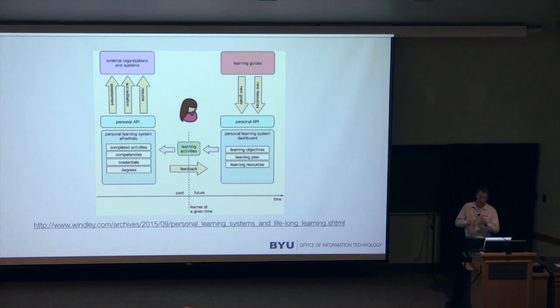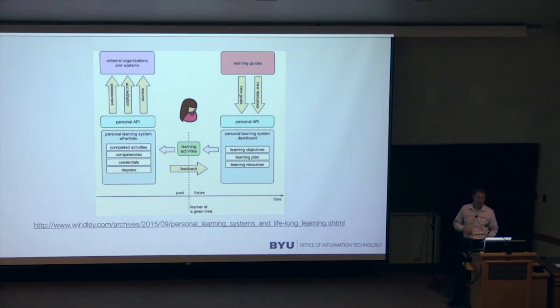So now you've defined your learning objectives, a learning plan possibly, and other resources to be able to attack those learning objectives in your learning plan. Then you go through this transition, now the green in the middle, learning activities. You actually do what you've planned, and now in the personal API you can post the completed activities and represent the competencies and the credentials and degrees in your learning record store that are available.